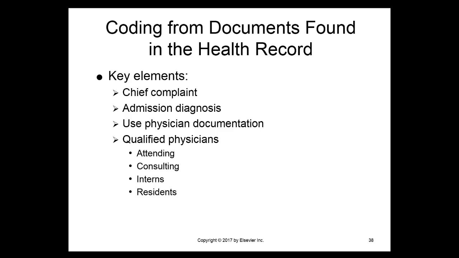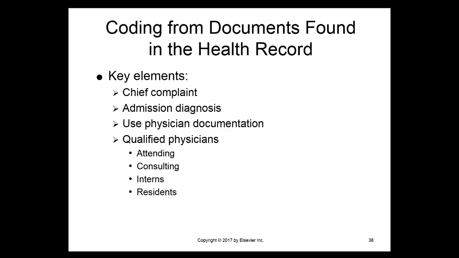And while the discharge summary should cover the admission for the patient, they may not always list all of the diagnoses that we are going to code, and they certainly may not list them in the order that we will list them when we actually do the final coding.